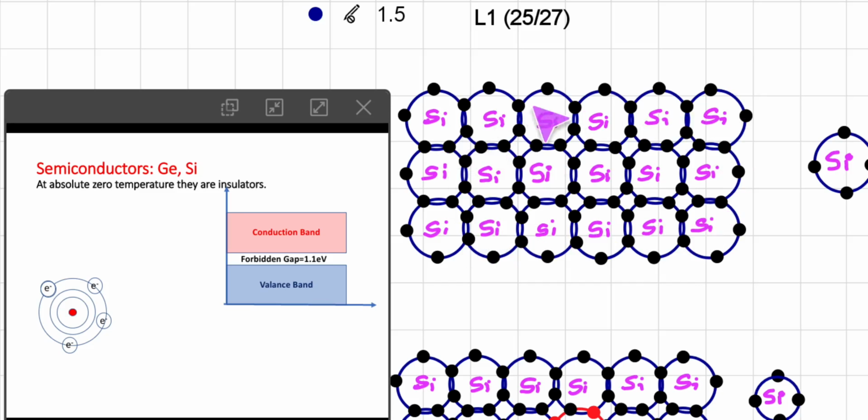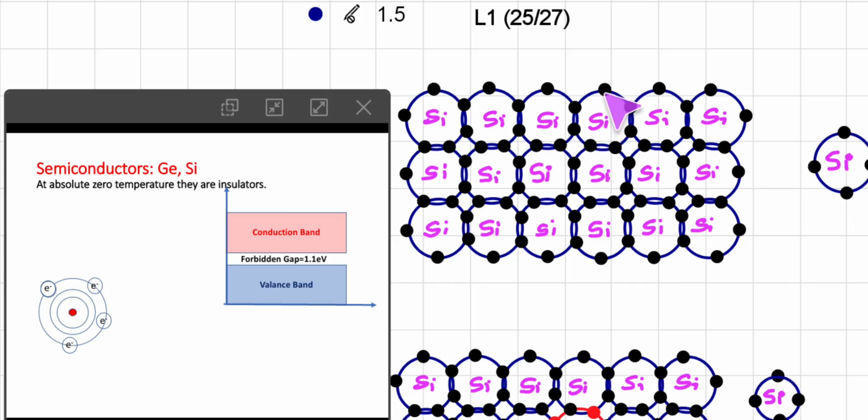When these atoms come together, as this is an atom in which there are only 4 electrons and it is unstable, it forms a bond with this silicon atom and shares its electron. So now this atom is sharing these 2 electrons, similarly this atom is sharing these 2 electrons.